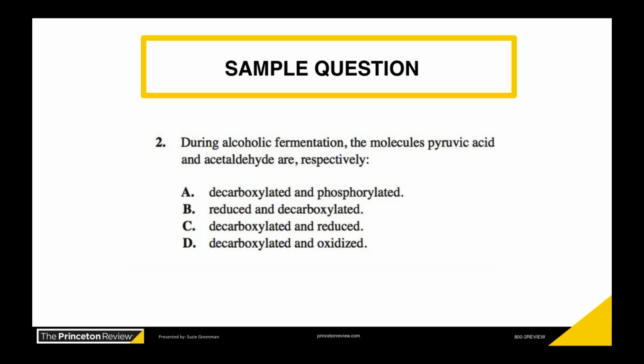So we have the molecules pyruvic acid and acetaldehyde. Are they going to be reduced or oxidized? This is what's called a 2x2 question. We're being asked about reduction or oxidation, and whether it's decarboxylated and phosphorylated. If we can figure out whether it's oxidized or reduced, we can eliminate a lot of the answer choices. So let's start there.